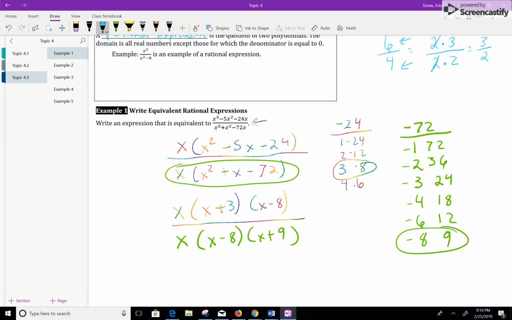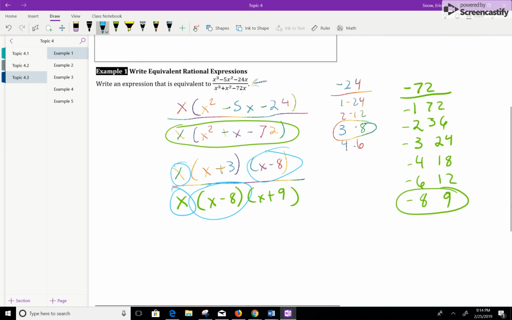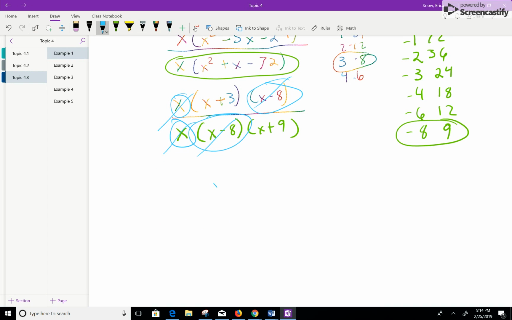Easy enough, right? So now we have these x's in common and our x minus 8 in common. Since those appear both in the top and the bottom, we can actually cancel them out. And so that means that our final equivalent expression is x plus 3 over x plus 9.